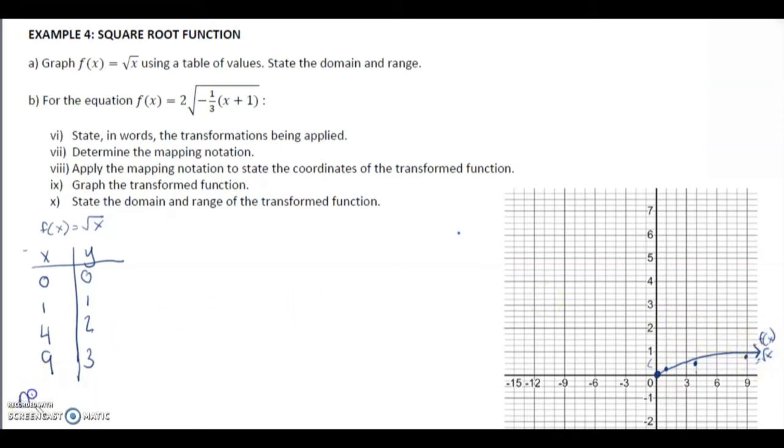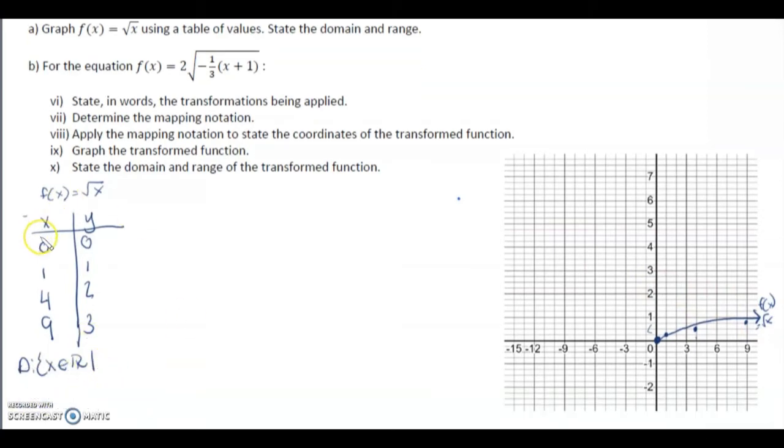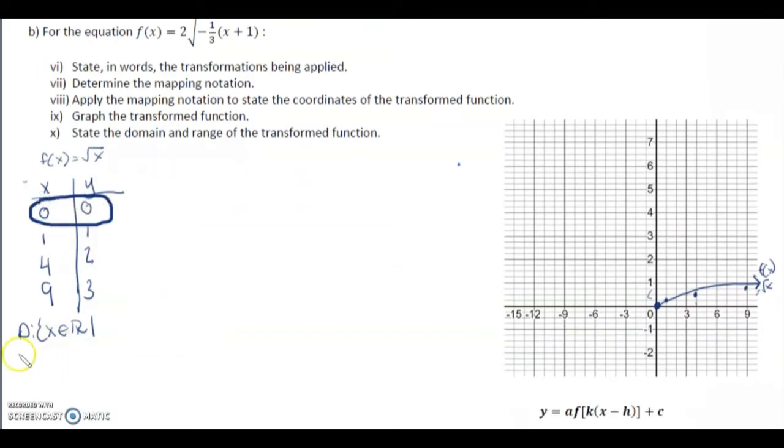Now, in regards to the domain and range, what we're going to be looking at every single time is this first coordinate, so the one pertaining to 0, 0, okay? And when we transform that coordinate, we'll take a look at that, but this is the one that we're always going to be writing the domain and range in regards to, okay?